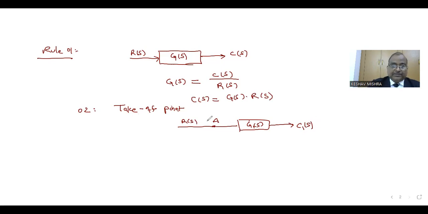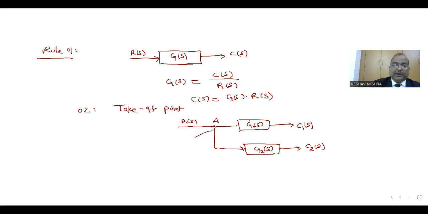From this point A, we can also provide the input R(s) to another stage with transfer function G2(s), producing the output C2(s).